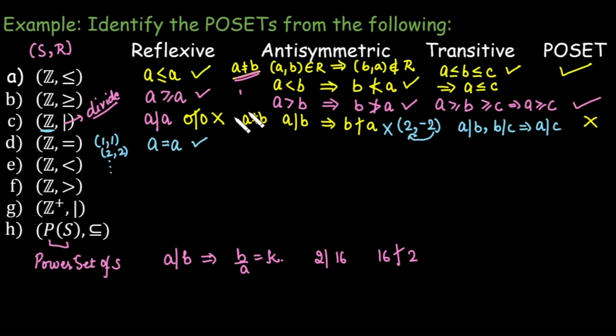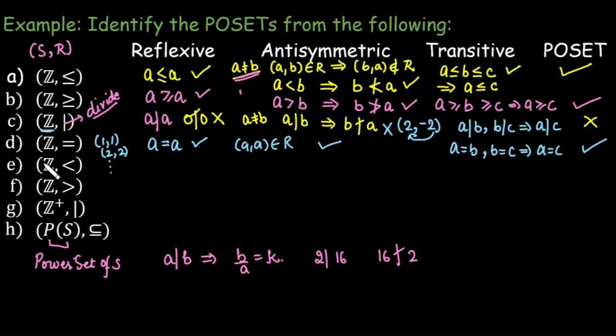But we know that in antisymmetric, such ordered pairs are allowed. So there is no problem, as it is an antisymmetric relation as well. For transitivity, if A is equal to B and B is equal to C, can we say that A is equal to C? Yes. So it means it is transitive, hence it is a POSET as well.